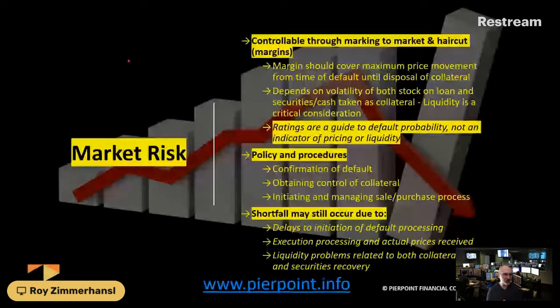Now, just a quick point here, this third point about ratings. A lot of people say, oh, this bond is rated AA or AAA or single A. It's an investment grade bond. That must make it great collateral.